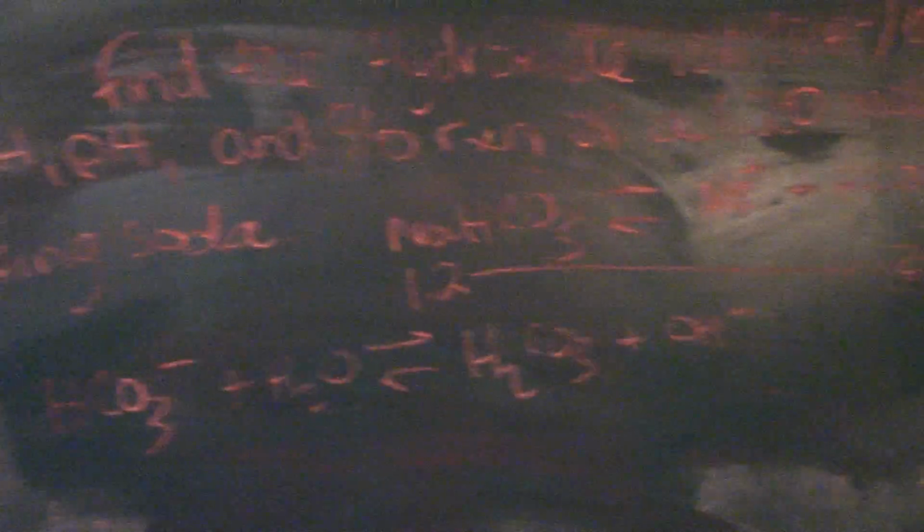Now what I'm going to do is make my acid-base ionization reaction. So I have HCO3 negative, right? I'm not going to use the sodium. I'm going to use the HCO3 negative plus H2O makes H2CO3 plus OH negative. And that's what I'm going to use for my ice table.